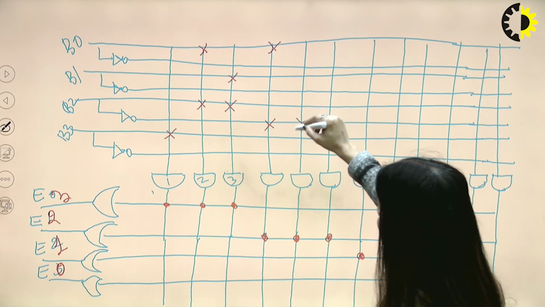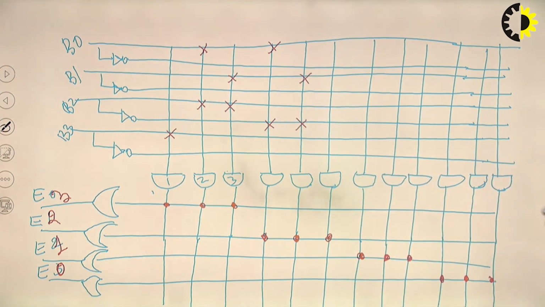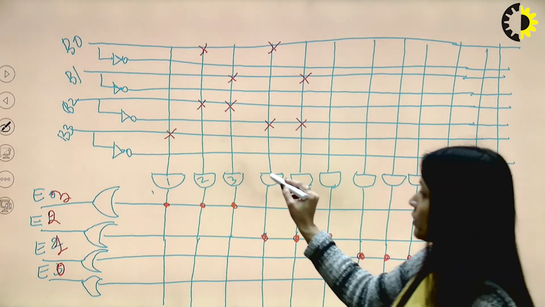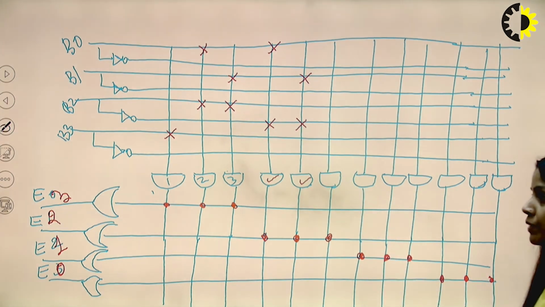Here only these two gates have been utilized, and this AND gate is spare, that is, this is extra.